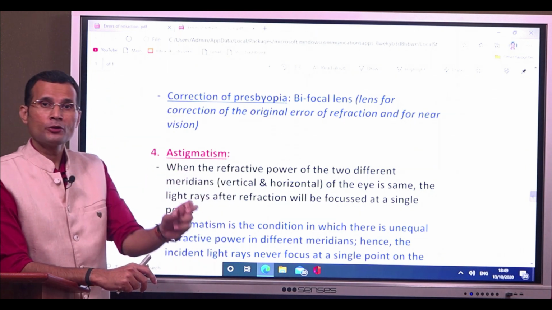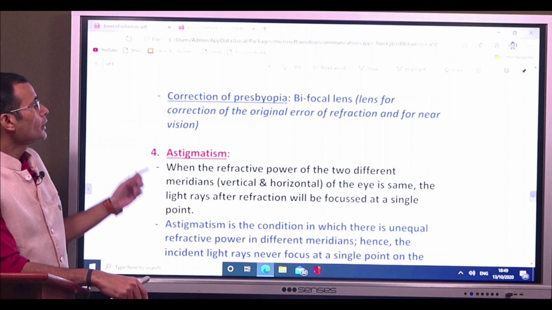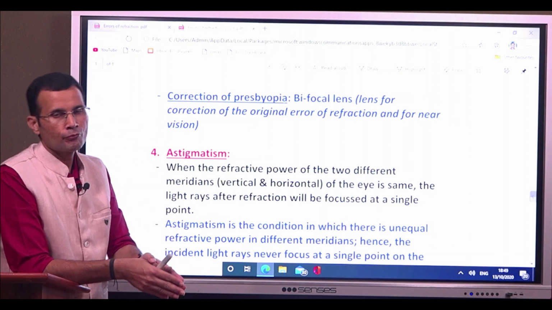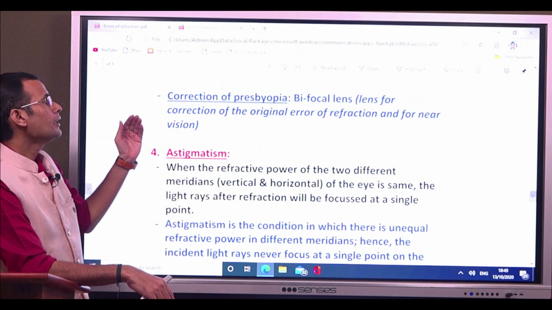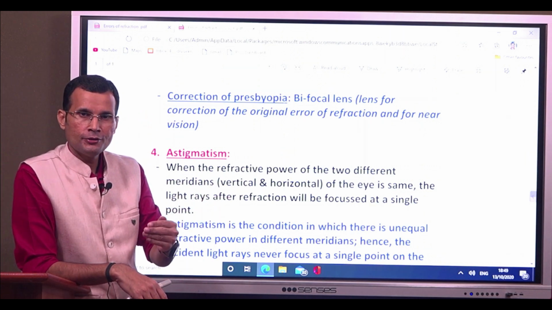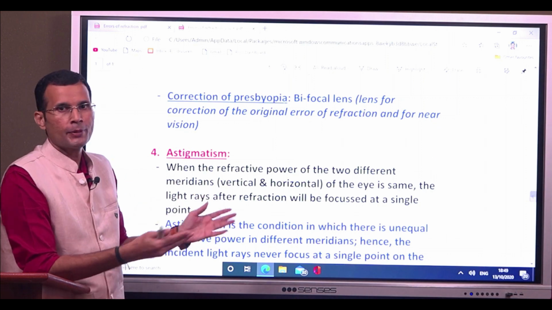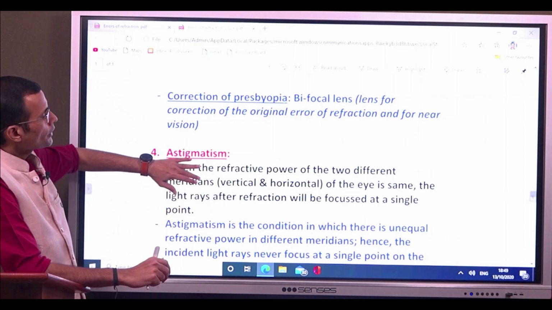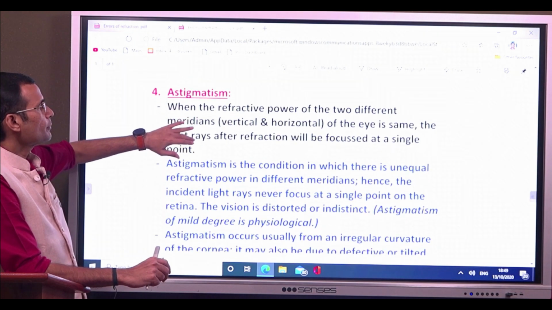You have to correct that also. So, a lens for the correction of the original error of refraction, which may have been there, and for the near vision because of presbyopia or loss of power of accommodation. So bifocal lens is used for correction of presbyopia.